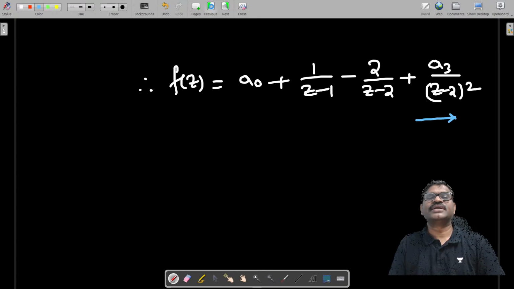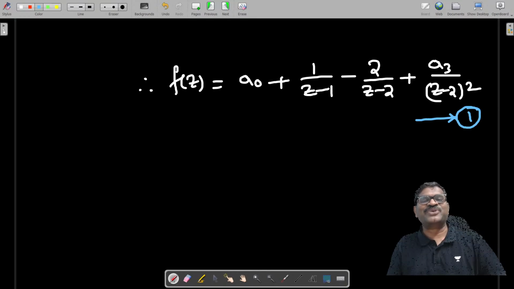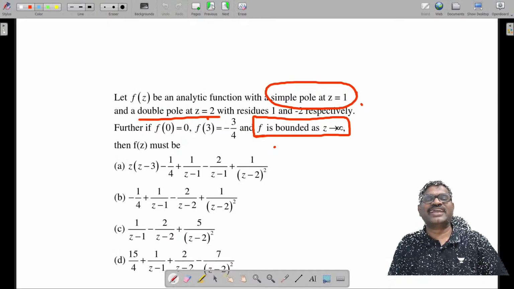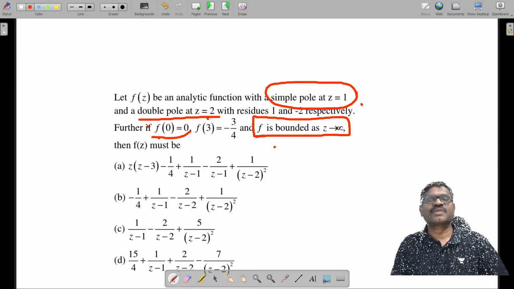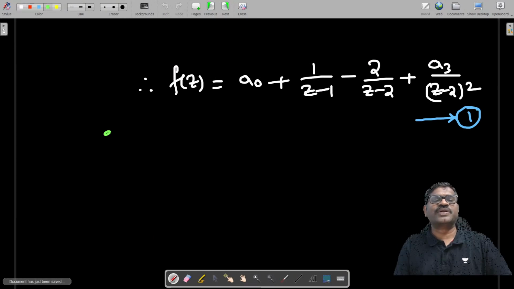Call it equation 1. Okay, na? Now they have provided f of 0 equal to 0.